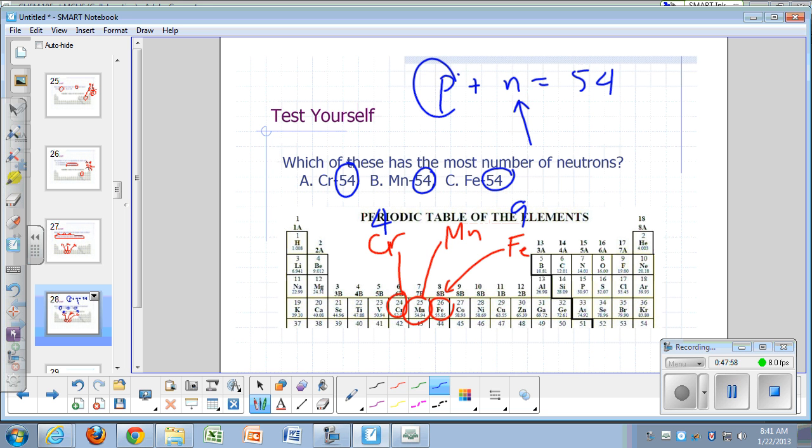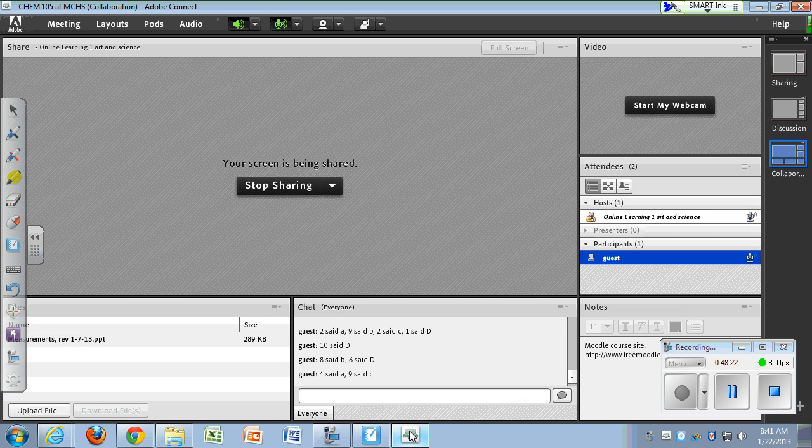So in the case of chromium, you have 24 protons. So 54 minus 24, that's 30 neutrons. So what's the correct answer here? Correct answer is, let's redo the poll.